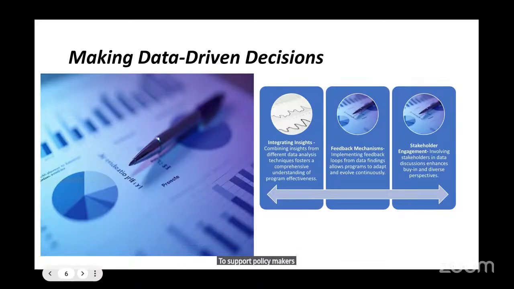So all that we do, the end game is to support decision makers, to support policy makers, to support practitioners, to support management in making an informed decision, be it in terms of resource mobilization, be it in terms of engagement strategies. It must be backed up with some evidence.